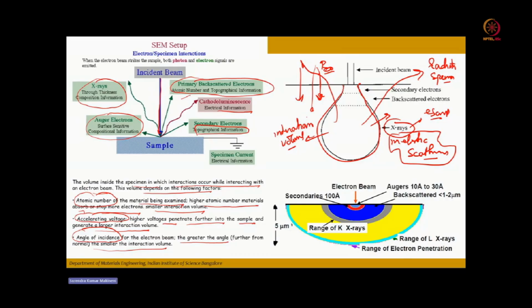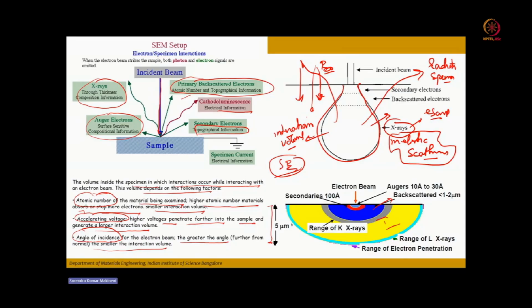Correct. And here you can see in this schematic that, as the secondary electrons have much lower energy, they usually come from the top surface, within less than a micron. Backscattered electrons come from between 1 to 2 microns, and the K X-rays come from within 5 microns.